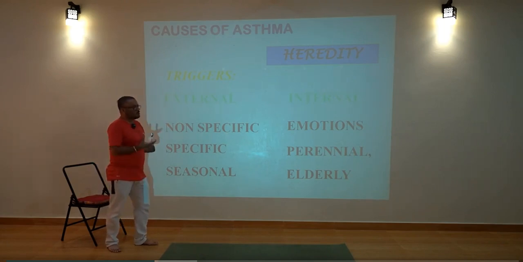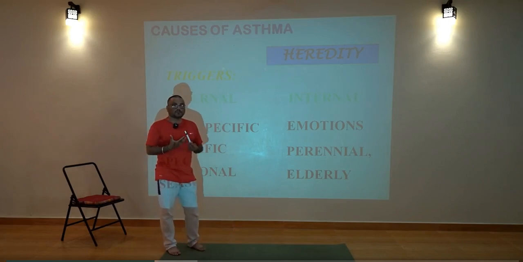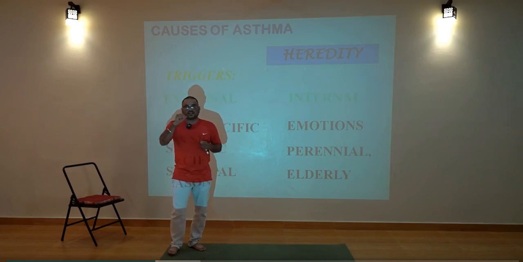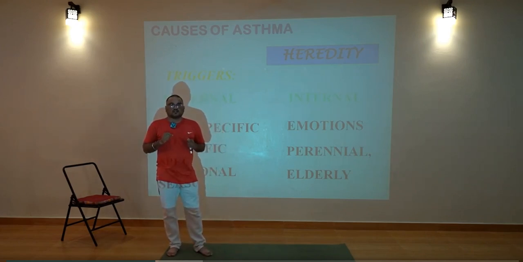Internal one: emotions. Right? If you are holding unwanted things inside, that raises the level of stress. Anxiety, right? Anxiety can also raise the level of stress, and that triggers asthma too, because when anxiety and stress come together by holding unwanted emotions which we don't want in our life, you feel that it triggers hyperactivity of the body.